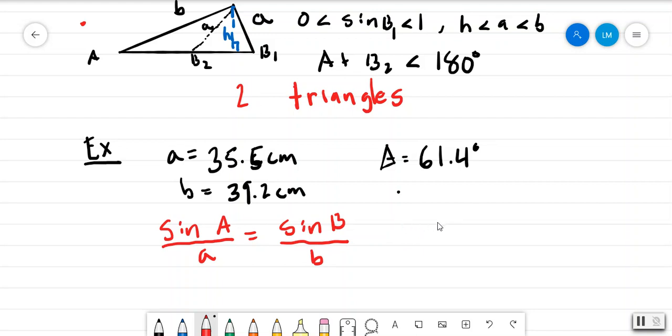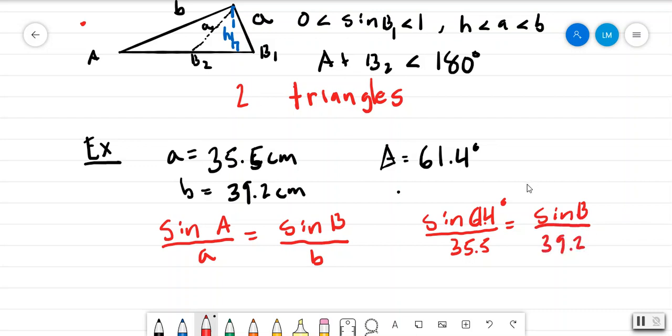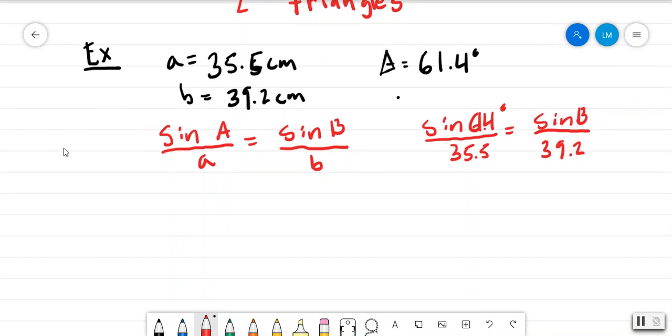Essentially we have sine of 61.4 degrees divided by 35.5 centimeters, equal to sine of B divided by 39.2. Now, here's where we'll just have to find what sine of B is equal to.